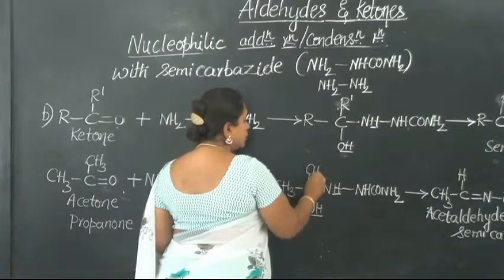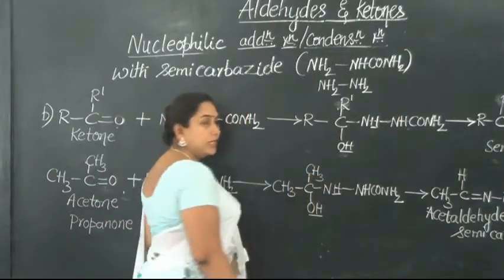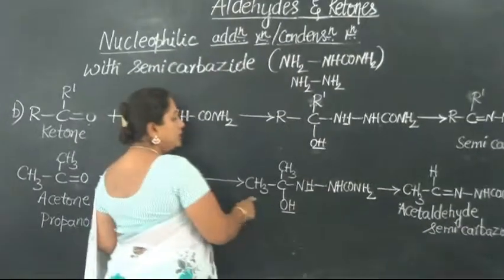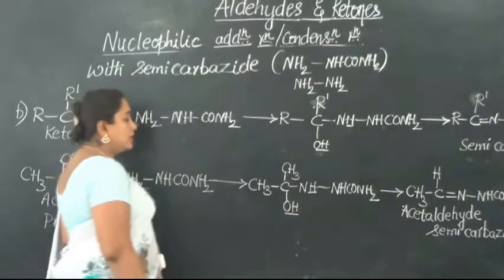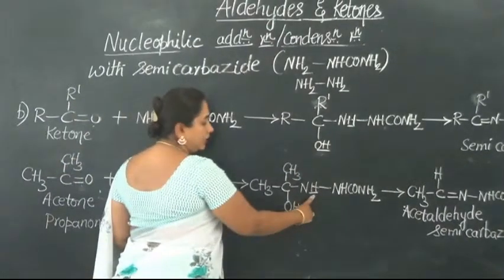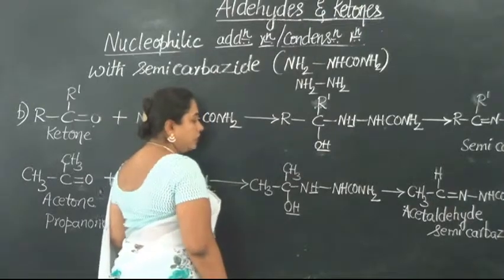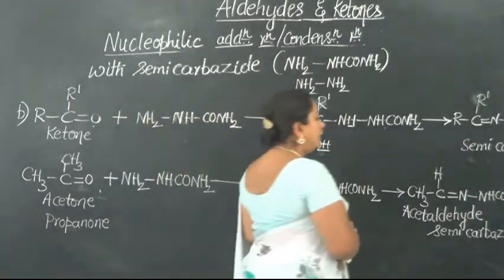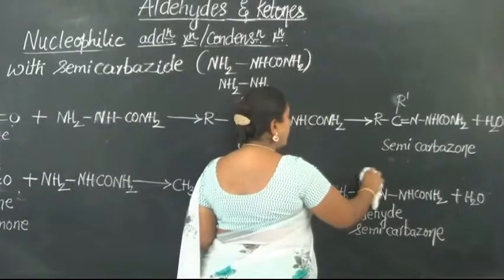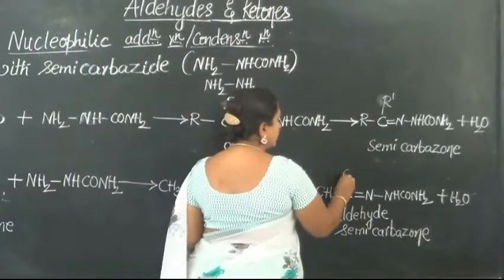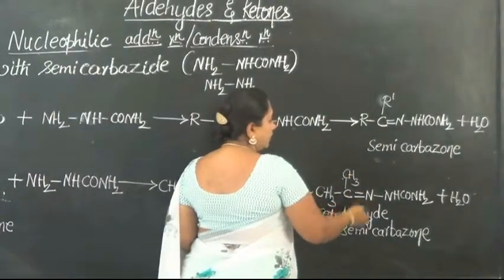This will be the addition product of acetone, which will eliminate a molecule of water as shown to you. Now, it will form the final product of condensation like this.